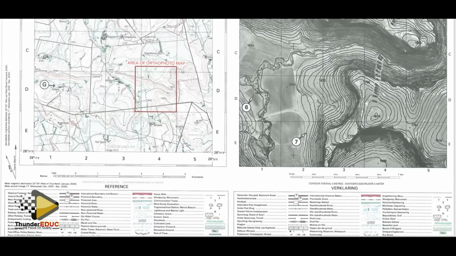The question says, determine the vertical interval of the illustrated gradient. If it's 1 in 197, our 197 is the horizontal equivalent, and our 1 is the vertical interval for that illustration. So 1 becomes our vertical interval. Then, is the illustrated gradient between 6 and 7 on the orthophoto map gentle or steep?